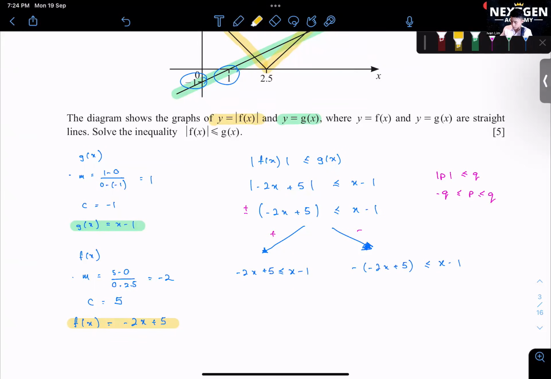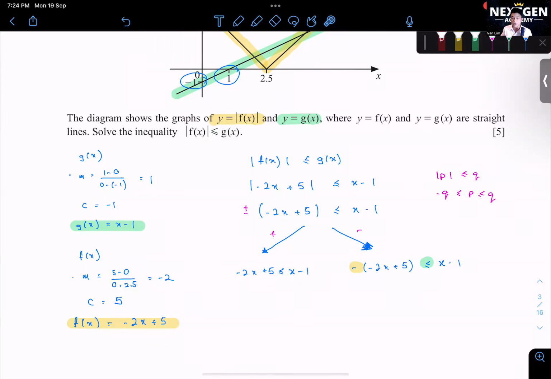But what happens with the negative one? If I divide the whole equation by a negative, what will happen? The symbol changes. If you straight away throw your plus minus to the right hand side, your symbol won't change. You will still maintain it as less than or equal.